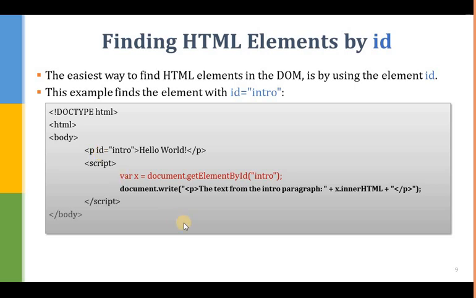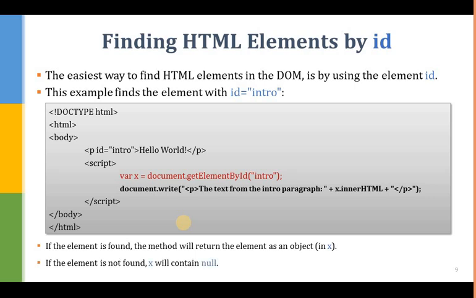And the script tag is closed and the body tag is closed. If the element is found, the method will return the element as an object, that means our DOM object for that particular HTML element. If the element is not found, then x will contain null.